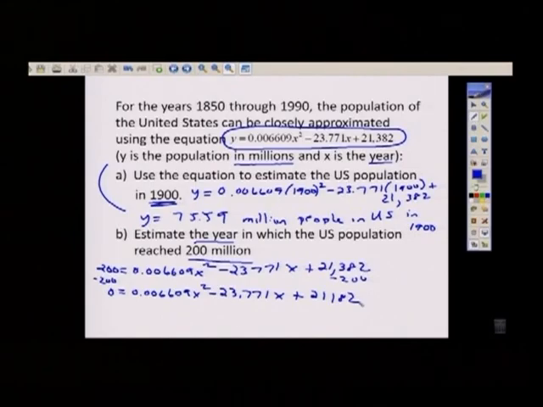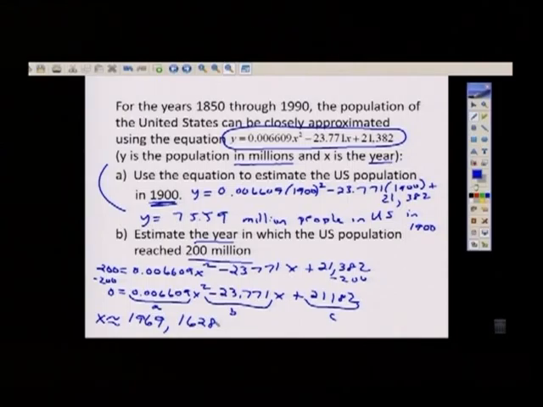So if I use this, this is my A term, that is my B, and that is my C. And if you work that out in your quadratic formula, you actually will end up with two answers. And the answers are the year 1969 and the year 1628.